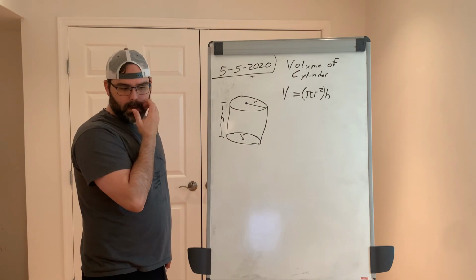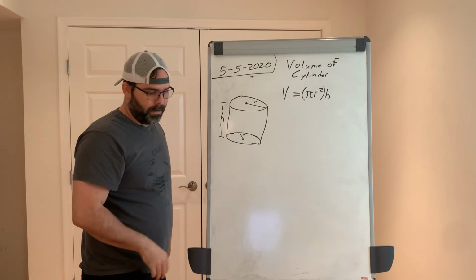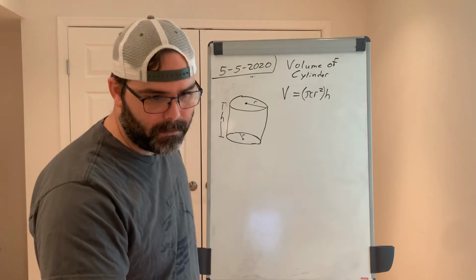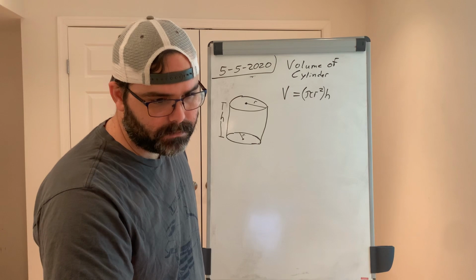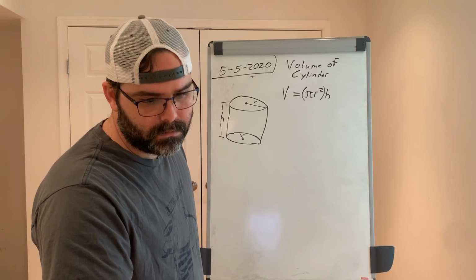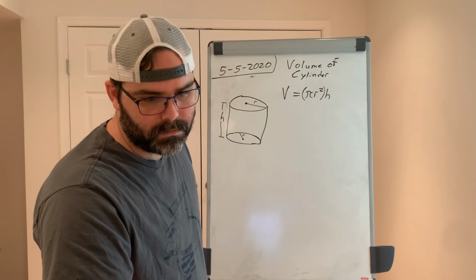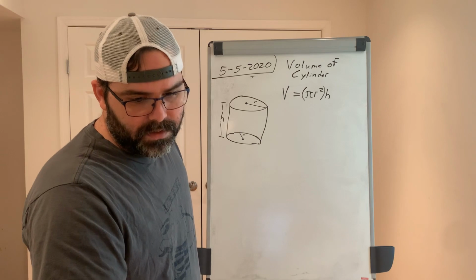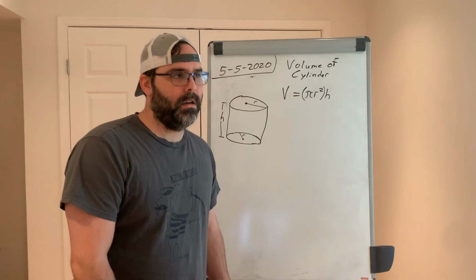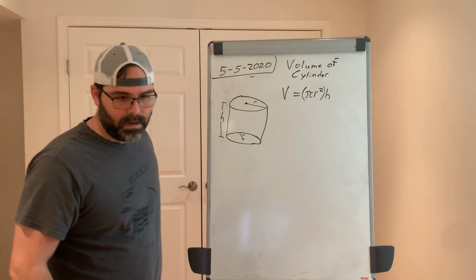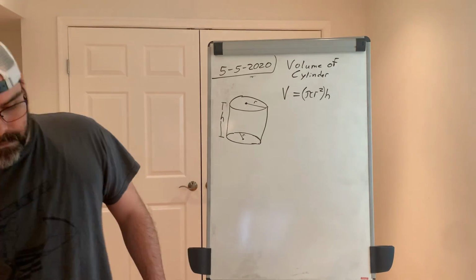Where else have you heard pi r squared? Yeah, you've seen those in spheres. Think more basic. It actually comes from the area of the circle.